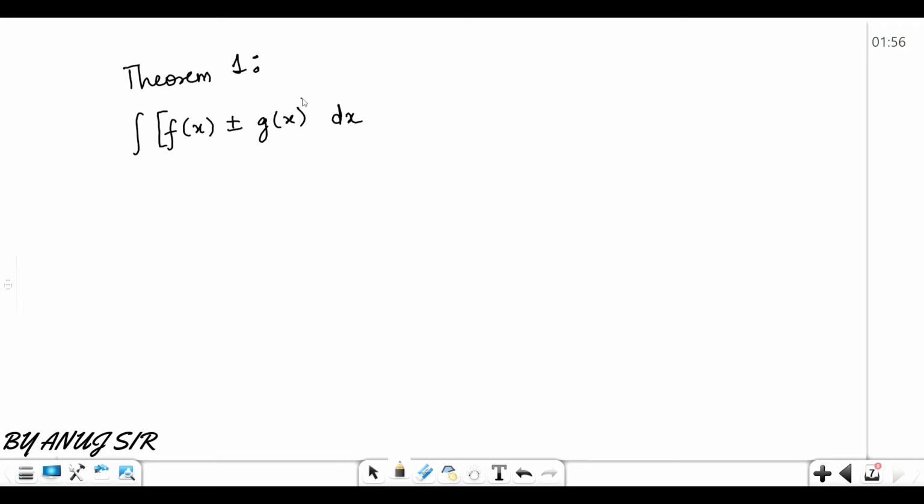What you can do is integrate f of x dx separately, keeping the same sign, and do the same with g of x dx. You cannot calculate both the functions by adding or subtracting them, so you calculate the integration separately while keeping the sign the same.